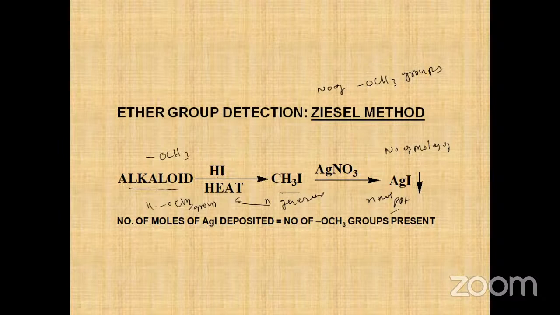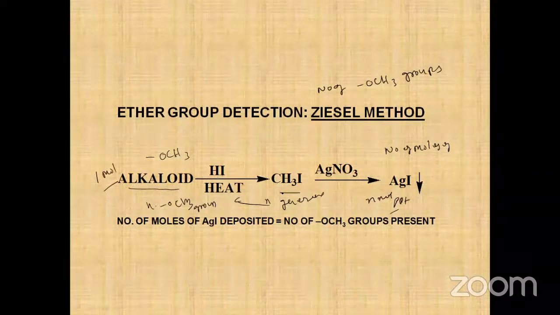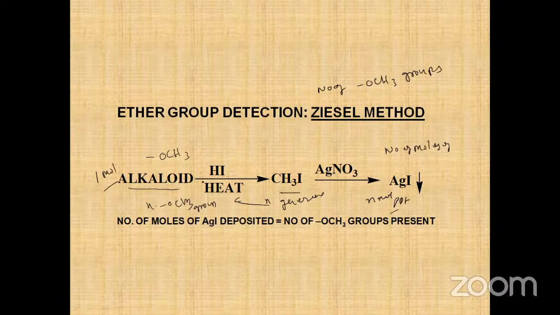One mole of alkaloid gives n moles of methyl iodide, which reacts with silver nitrate to give n moles of AgI precipitate. So the number of moles of AgI deposited is equal to the number of OCH3 groups present in it.